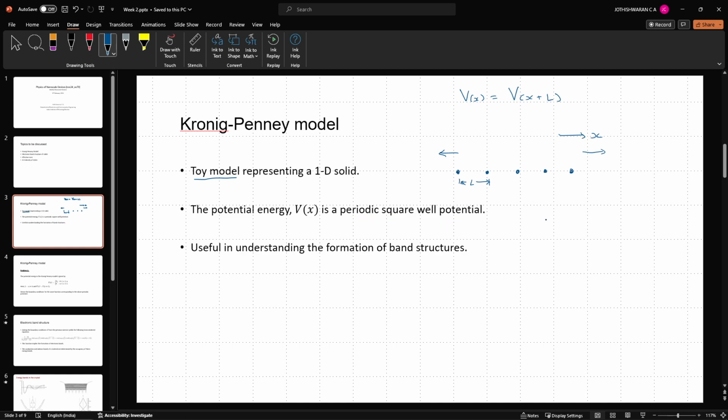So what is a square well potential? Like last week we discussed what is called the 1D box or the infinite potential well. Now a square well is a potential well with a finite depth. What that means is it is a potential of this form where, let me just redo it.